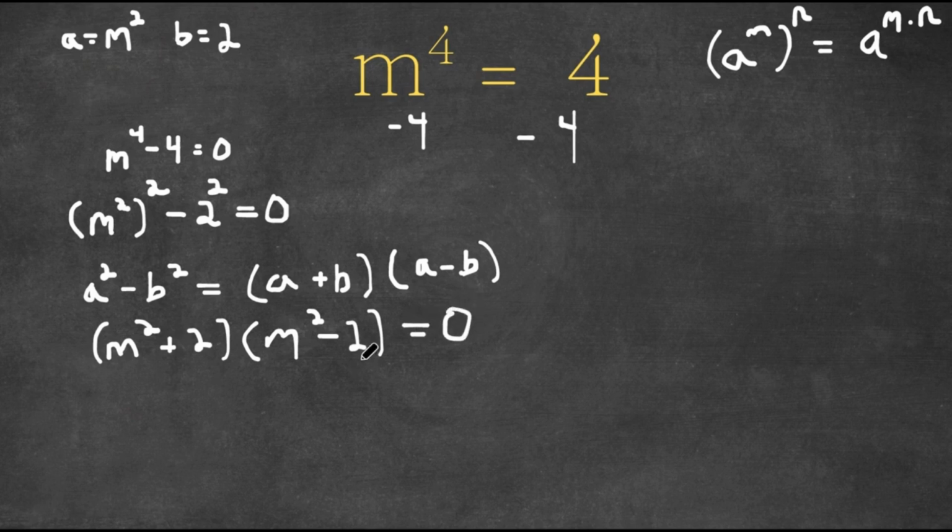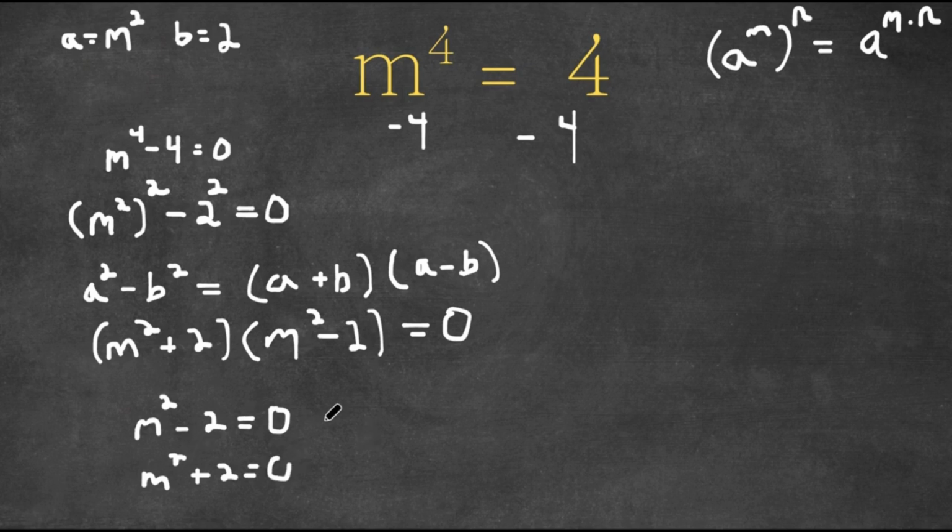And now we have two equations. We have m squared minus 2 equals 0, and we have m squared plus 2 equals 0.